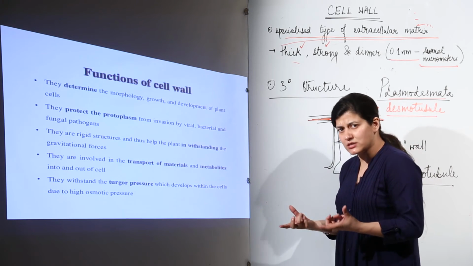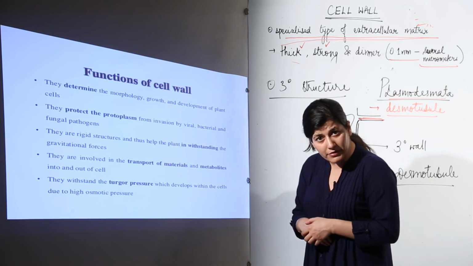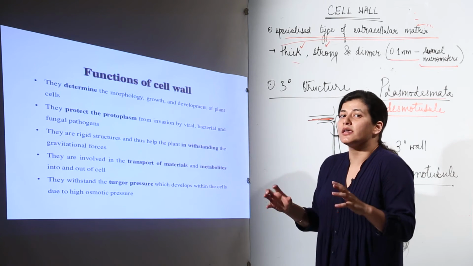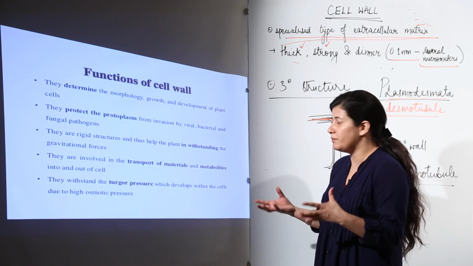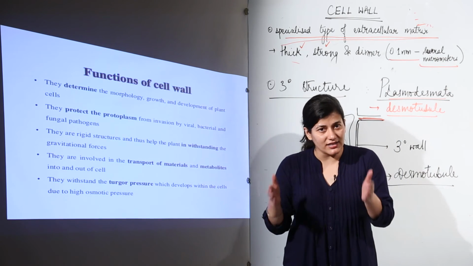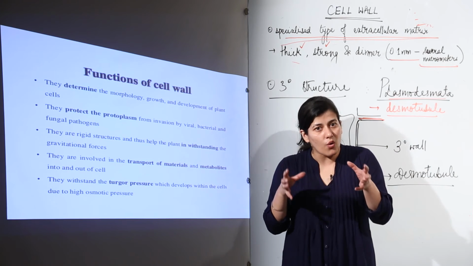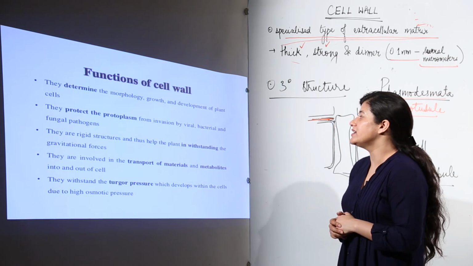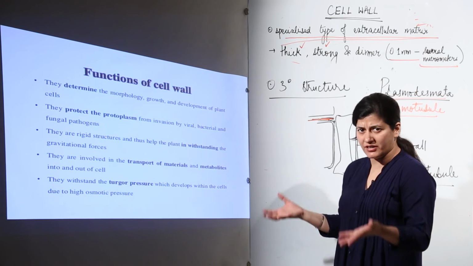Just for namesake, fungi and viruses are able to invade plant cells as well. It is not that the plant cell cannot be invaded by fungal, viral or bacterial pathogens, because it can be invaded. It is just that the cell wall, being rigid, does not allow all the penetration so easily.